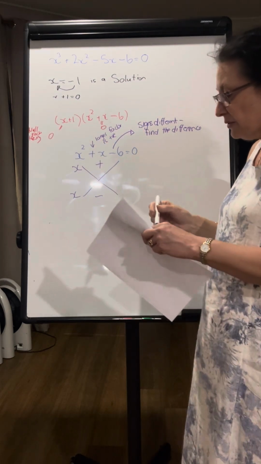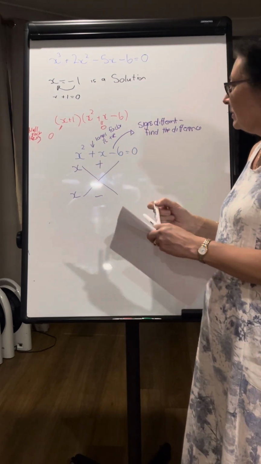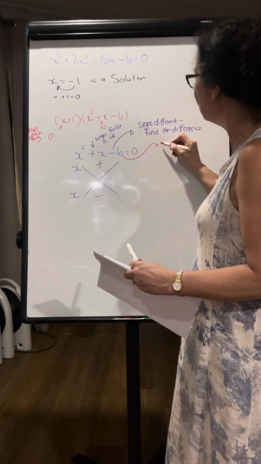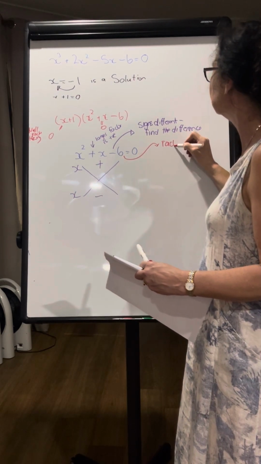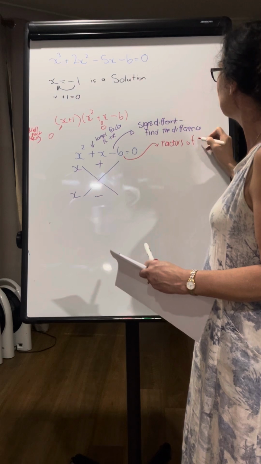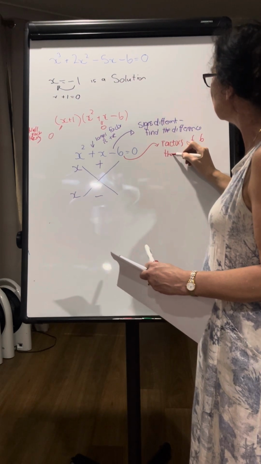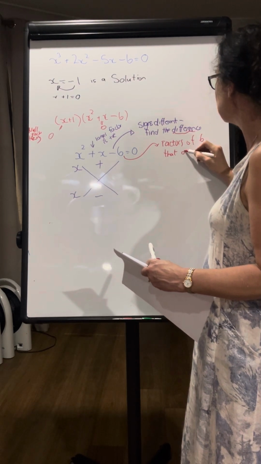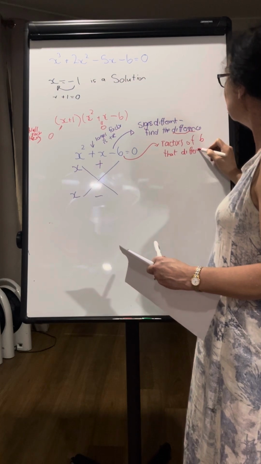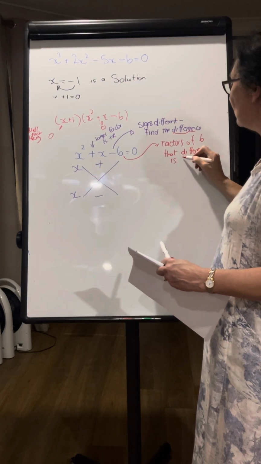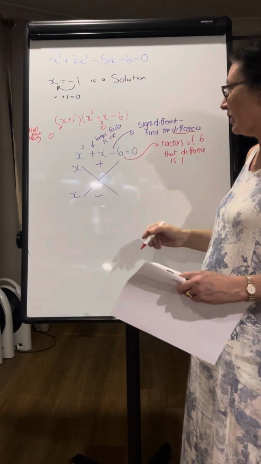And then we do what we normally do, which is we look at this and we go, the factors of 6 that the difference is 1. And we don't worry about the sign, it's just 1, because we worry about the sign when we go to here.